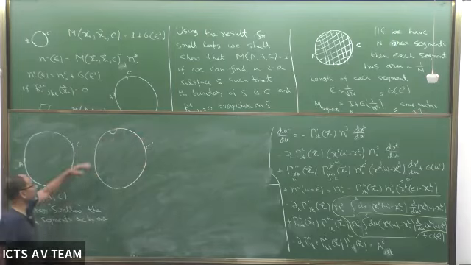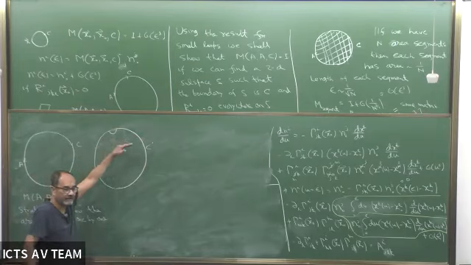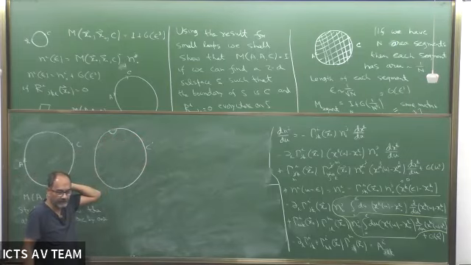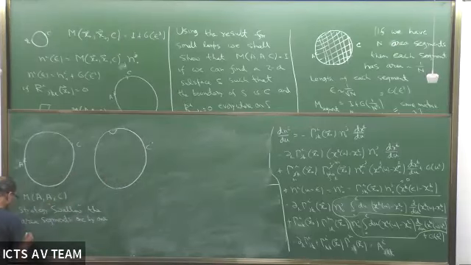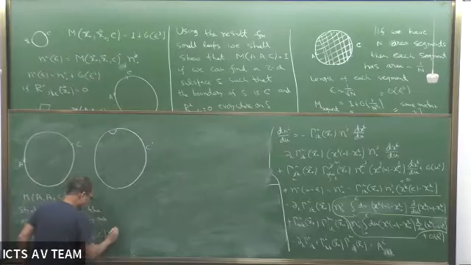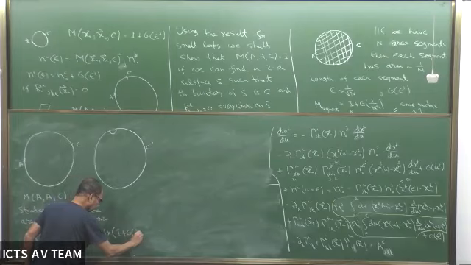I have eaten up a little segment of size epsilon. And what we want to prove is that M of C is equal to M of C prime times a matrix of order 1 plus order 1 over n to the 3/2.